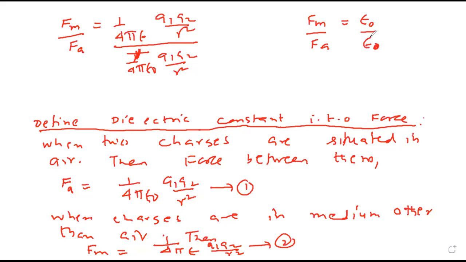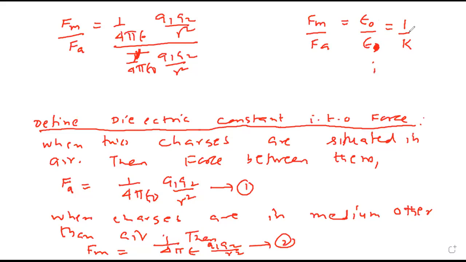This much clear? This is nothing but 1 upon K, because K is epsilon upon epsilon naught. So this came inverted, so 1 upon K. K is called the dielectric constant.